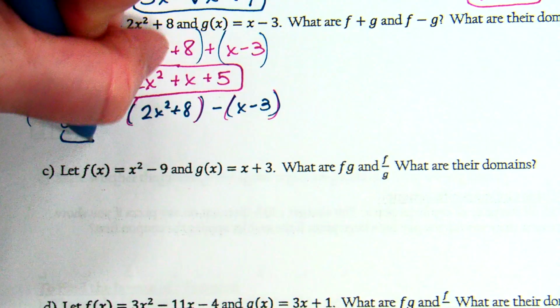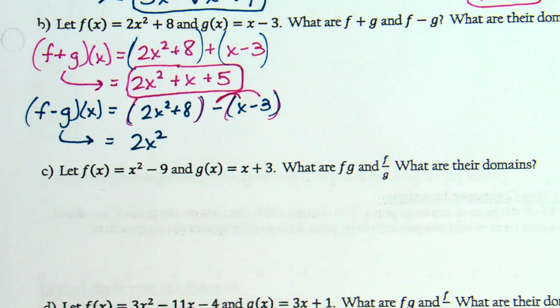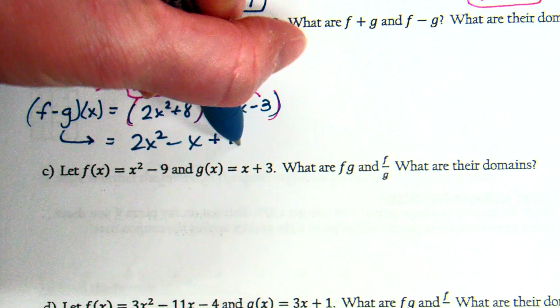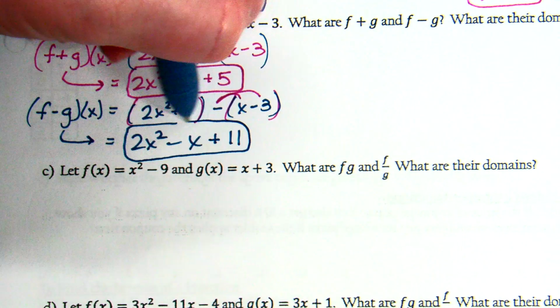We're going to subtract x, which makes it minus x. And now we're going to be doing 8 minus negative 3. What's 8 minus negative 3? 8 plus 3, which is 11. So 2x squared minus x plus 11.